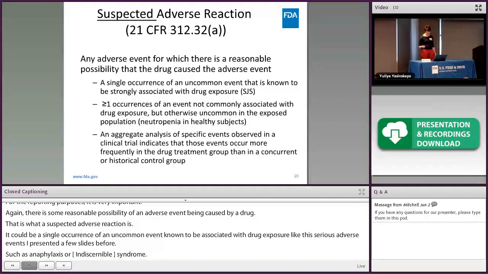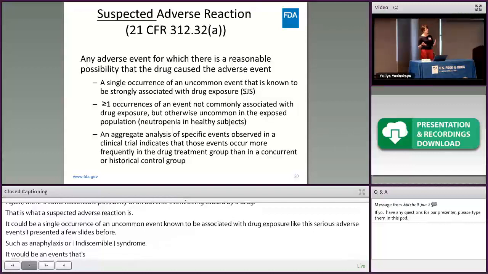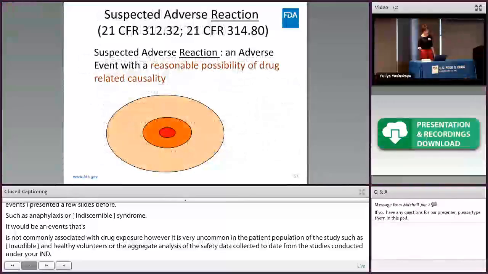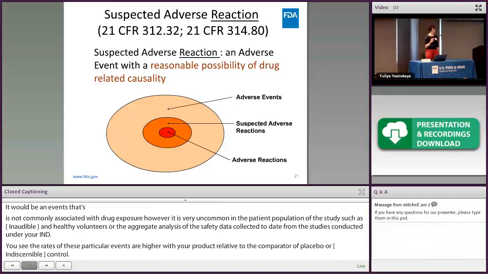Or in the aggregate analysis of the safety data collected to date, whether from your study or from other studies conducted under your IND, you see that the rates of these particular events are higher with your product relative to the comparator or placebo or historic control. In this diagram, I'd like to illustrate that the important adverse reactions occur in a very small proportion of the universe of adverse events.